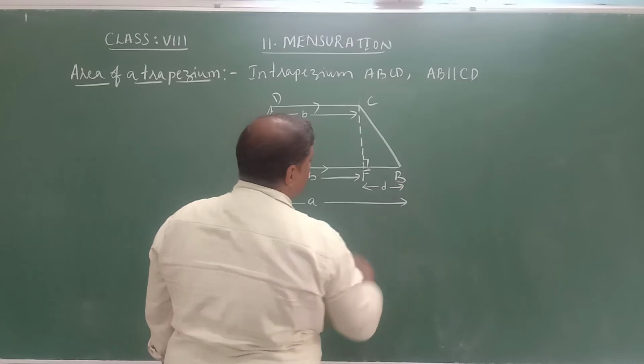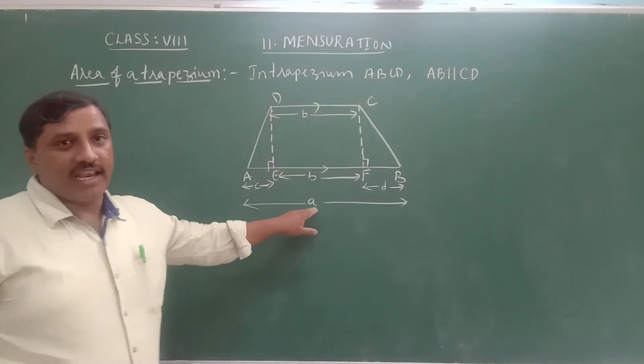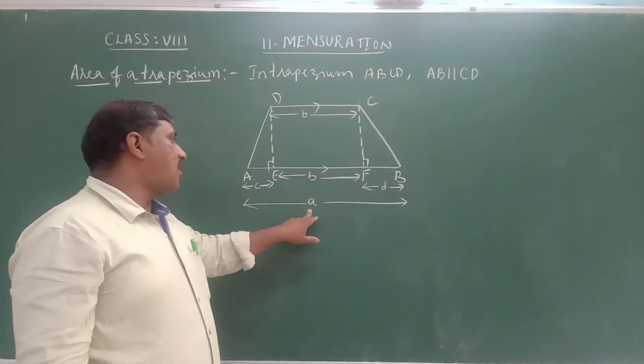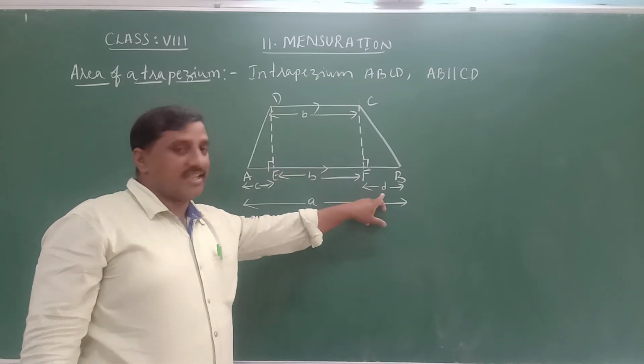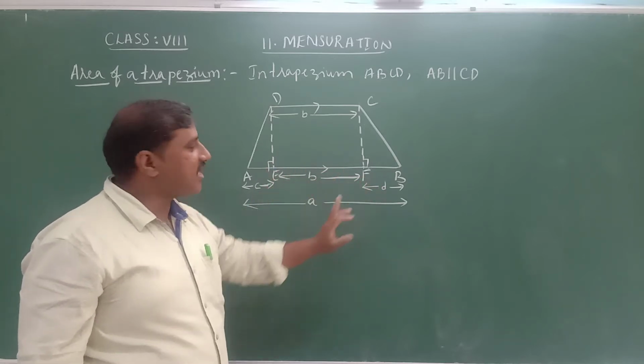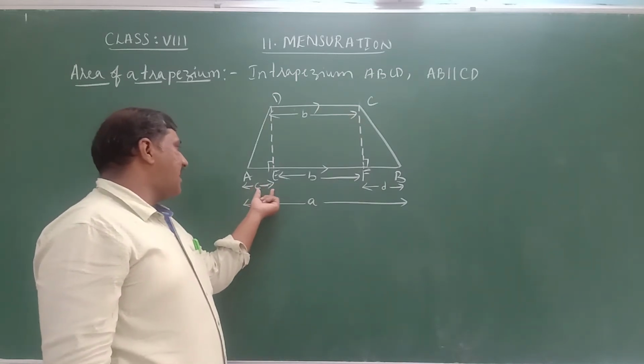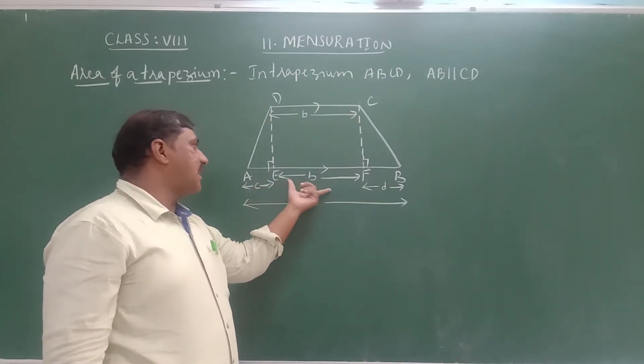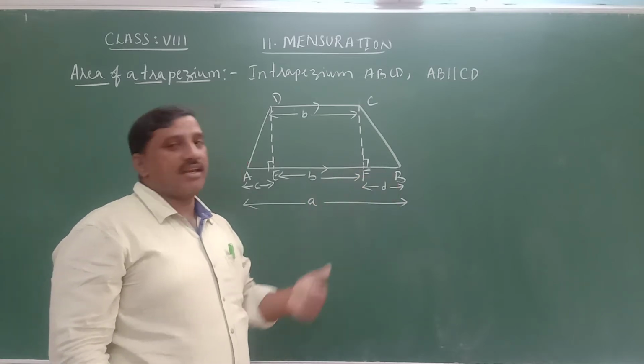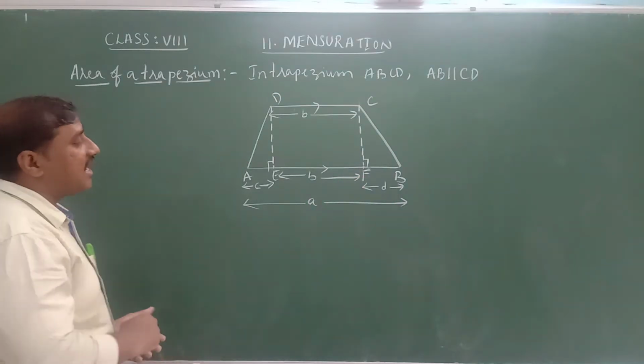This is D units. Now from this figure, A is equal to the sum of B, C and D. That is, length of AB is equal to length of AE plus length of EF plus length of FB or BF.